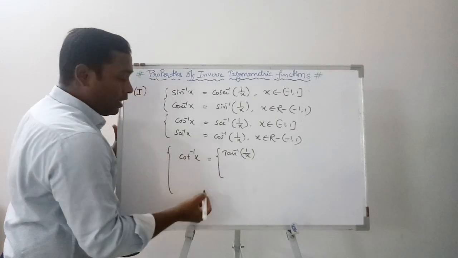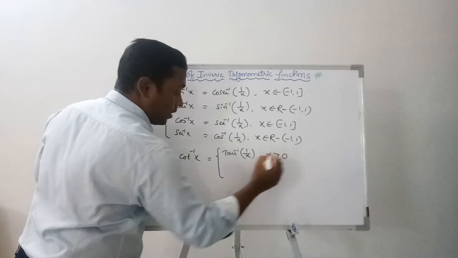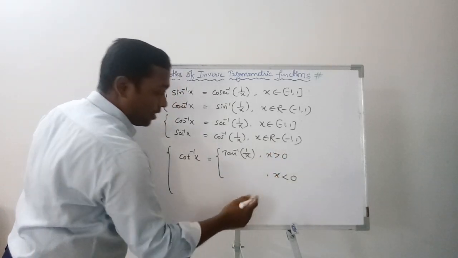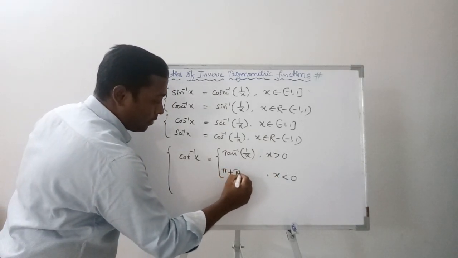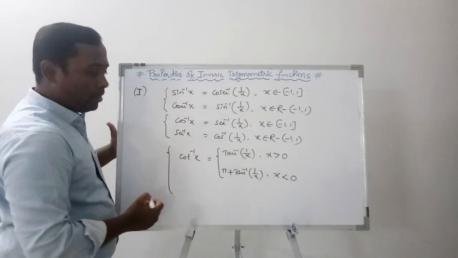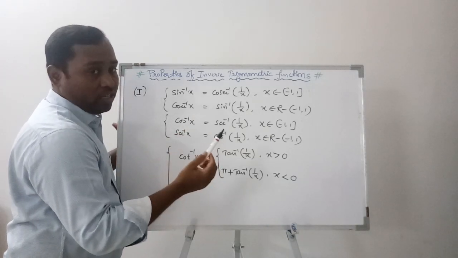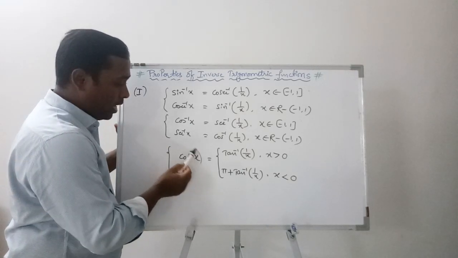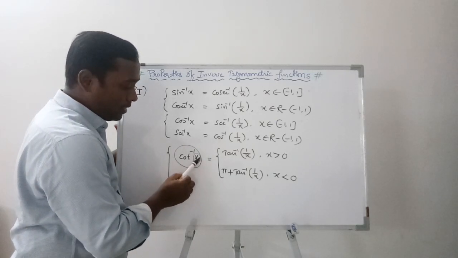While saying this, x must be greater than 0. But what if x is less than 0? When x is negative, then the formula becomes pi plus tan inverse of 1 by x. The reason behind this is to maintain the domain and the range, that is, the principal range of the inverse trigonometric functions. That's why while applying these cot inverse x formulas, you need to focus on the value of x involved.